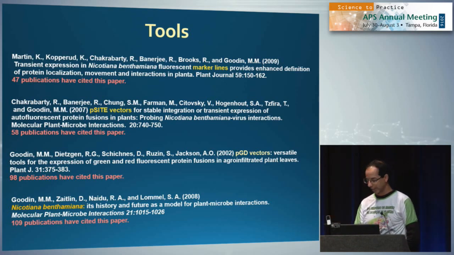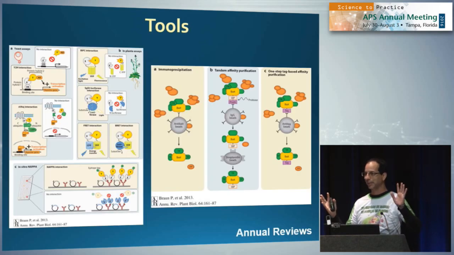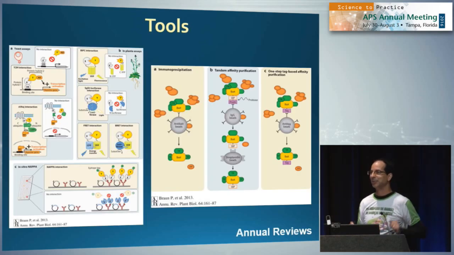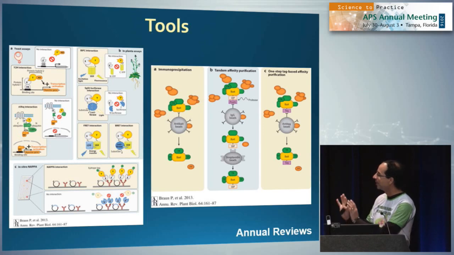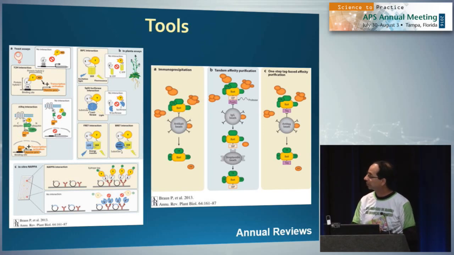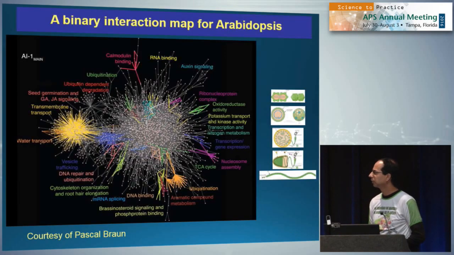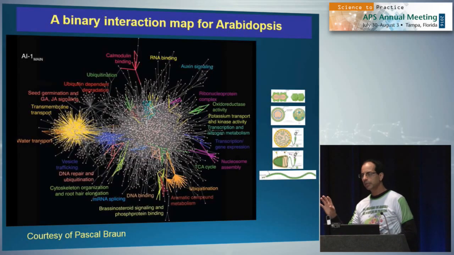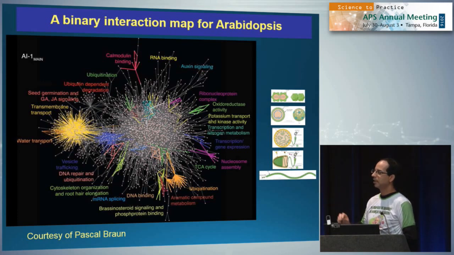And boy, Anna just gave me like a Christmas present during her talk, and I want to take you there. Others, of course, are building tools for protein interaction and looking at expression. And the whole point is to get a more and more refined and exquisite definition of all the protein interactions in a cell. So shown here, part of the Arabidopsis interactome.